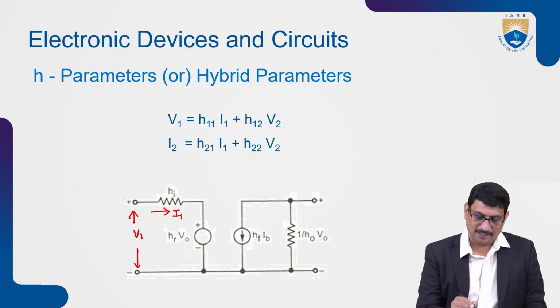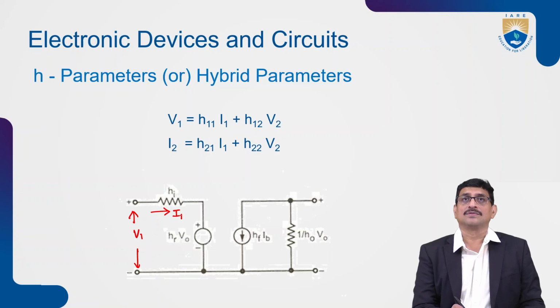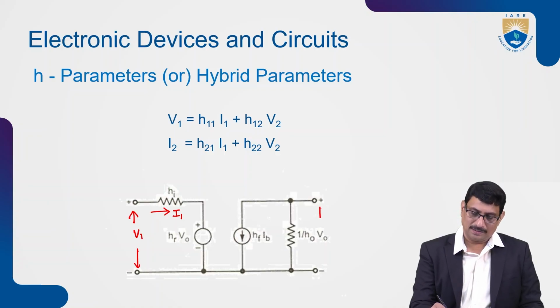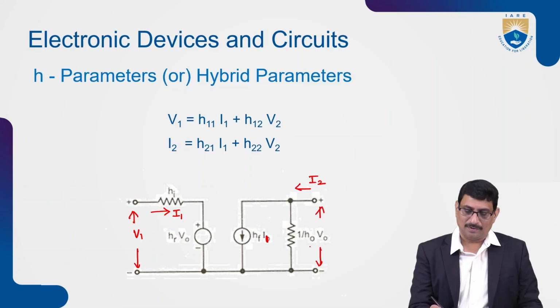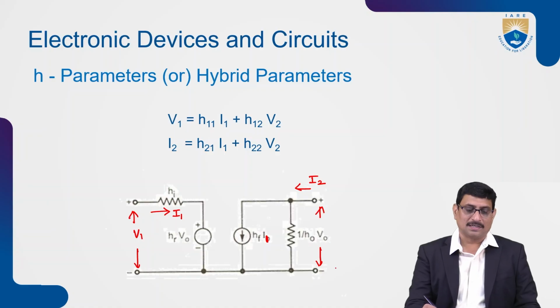This is H12 into V2, where V2 is nothing but V0. H12 is nothing but HR. This is HF into I1, and this is the I2 current, and 1 divided by H22 is nothing but 1 by H0. So this is called the H parameter model of a two-port network device.